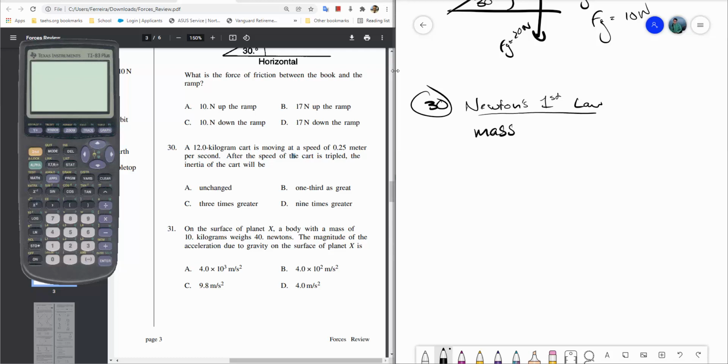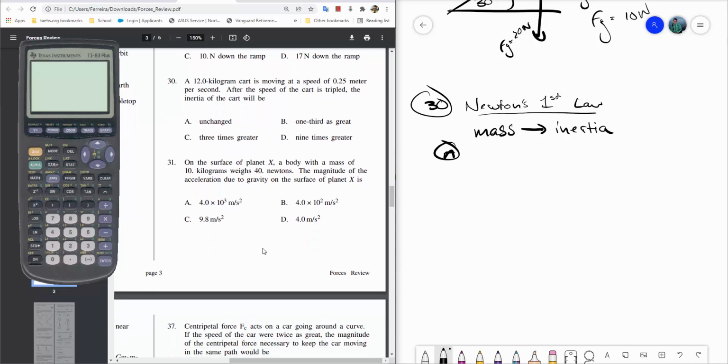Its ability to resist changes to its motion is called inertia, and that is directly proportional to its mass. So inertia is essentially the same as mass. Did you change the mass of the cart? No. You changed the speed of the cart. So since the mass is unchanged, its inertia is unchanged. The answer is A.